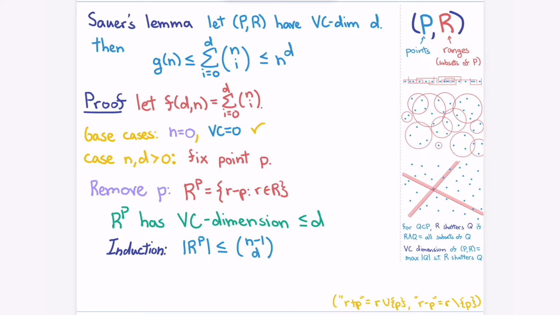Okay. So by induction, that's not right. Sorry. By induction, this thing should be at most f d n minus 1. Okay. I think that typo is going to come up on the next slide, which is copying this, but we'll see.